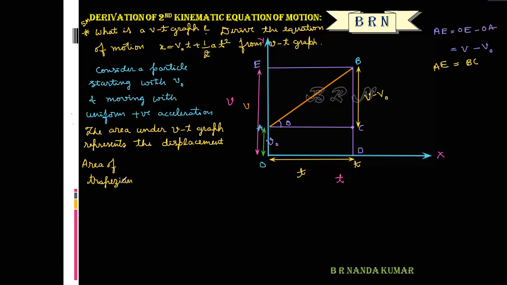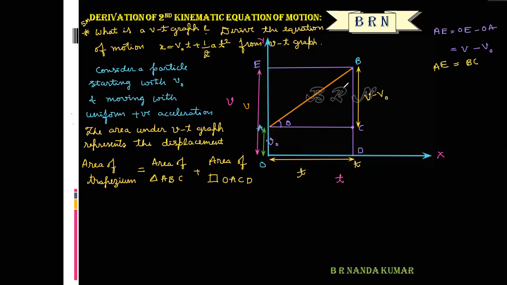Area of trapezium is equal to area of the right angle triangle ABC plus the area of the rectangle OACD.